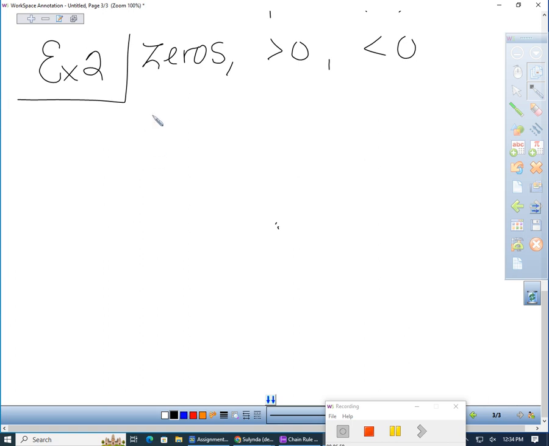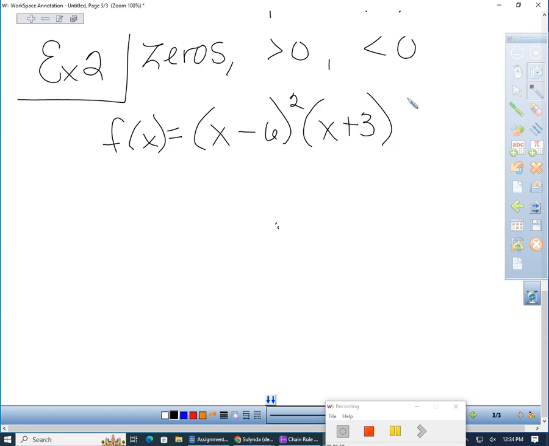Let's go with f of x equals x minus 6 squared times x plus 3 times x plus 5 to the third. So our zeros are at 6, negative 3, and negative 5.